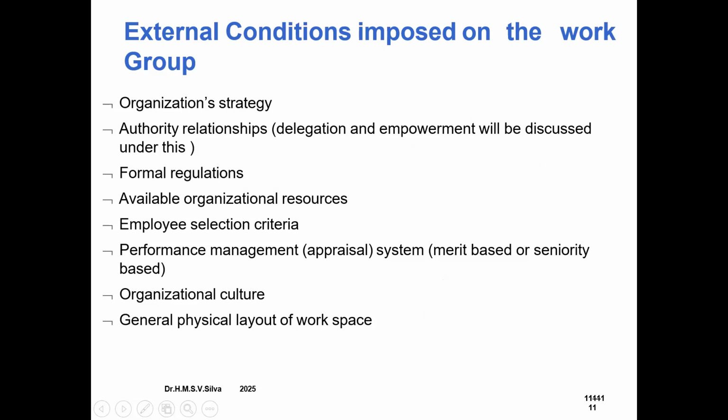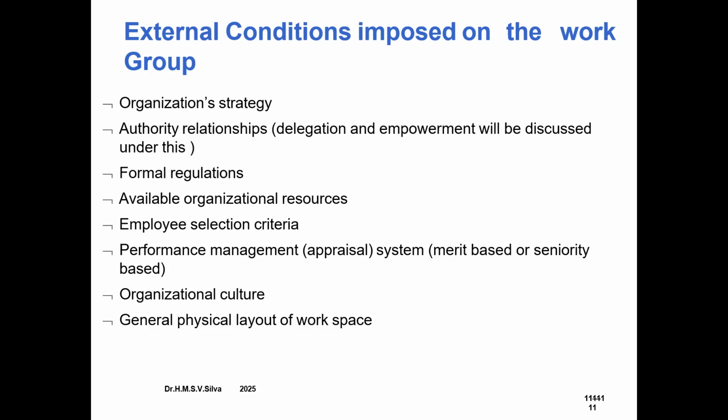Let's look at what are the external conditions imposed on the work group. When we try to form a work group, organization strategy is very important. Initially we look at the organization strategy, whether it is cost reduction, product diversification, product differentiation, cost leadership, retrenchment, or acquiring another company.